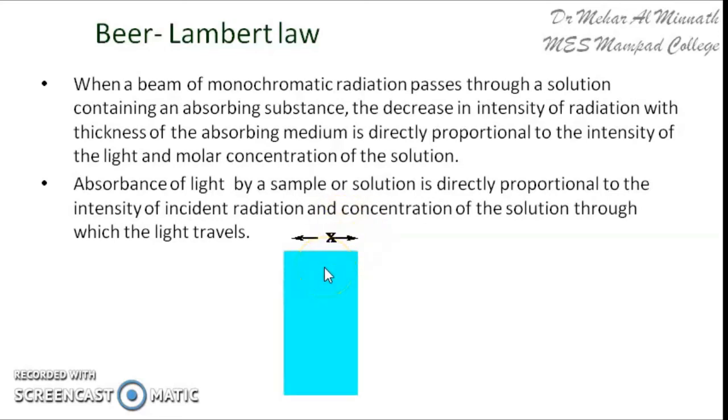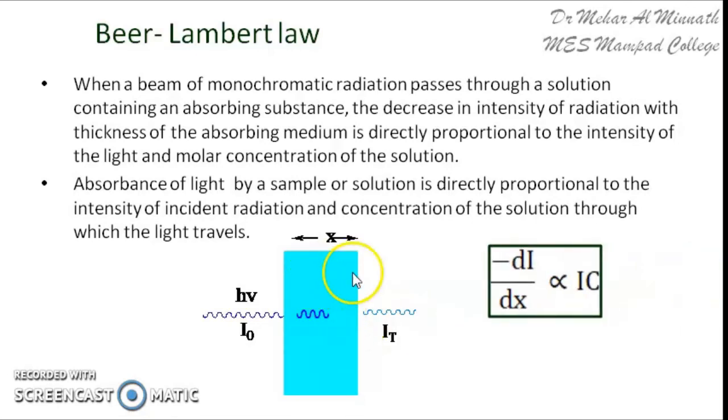So when you have a medium of thickness x, incident light passes through it and some amount of light is coming out, and the difference between I0 and IT, or the rate of decrease in the intensity of radiation, is proportional to both the intensity of the incident light and the concentration, that is IC.